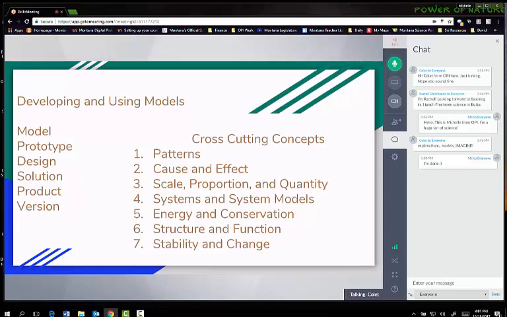Yeah, absolutely. And thinking about versions and stability and change, is this product stable, or has something in the environment or in technology changed to where we need to restabilize or create another version and redesign this?